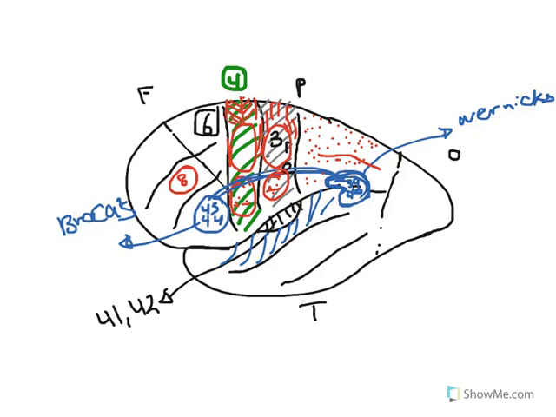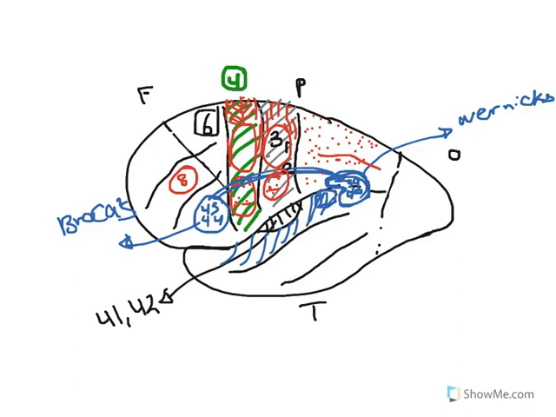So if this area is lesioned, we have a condition called auditory agnosia. So the patient cannot discriminate between auditory stimuli or cannot understand what he is hearing. Sometimes it's called auditory aphasia. Okay, so the posterior end of this area is called area 22.